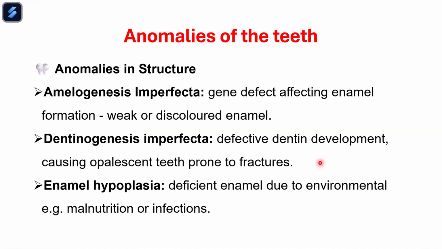So defective dentin development causes opalescent teeth prone to fractures, so weak teeth. So both amelogenesis imperfecta and dentinogenesis imperfecta will have weakened teeth. If you see anything imperfecta, there is weakness coming in. It can be due to structural development or a gene defect.